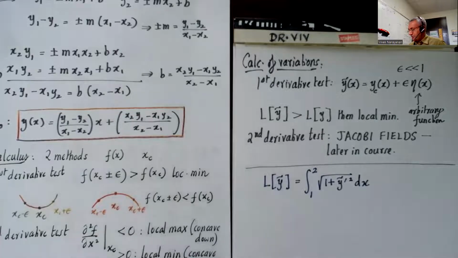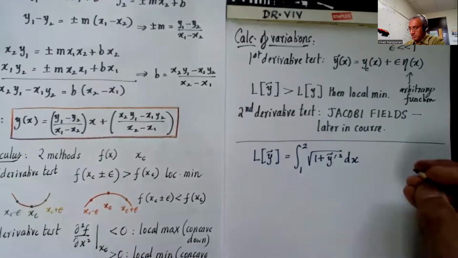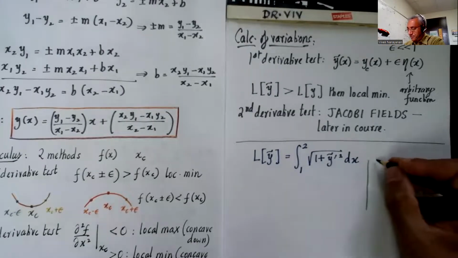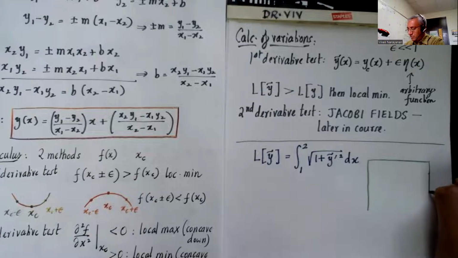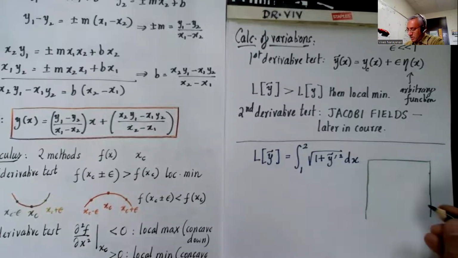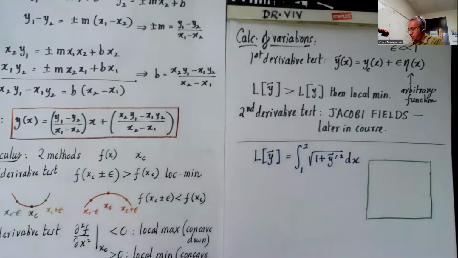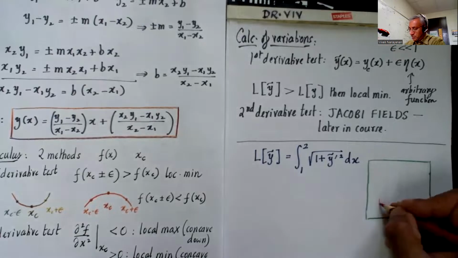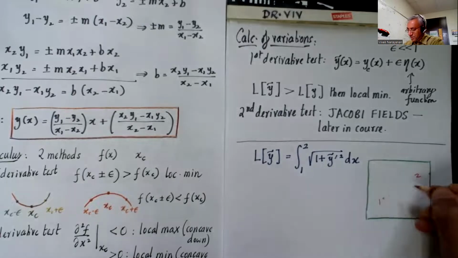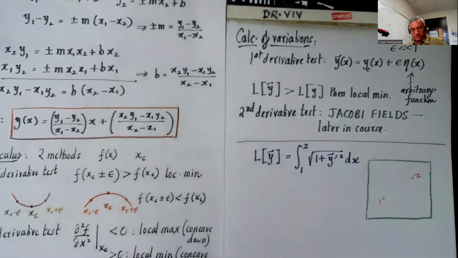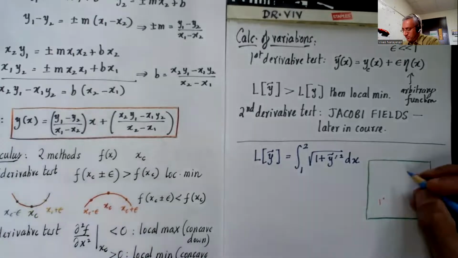So what am I doing? Let's go back to our, I'll redraw this square I drew earlier. So you have points 1 and 2, and we have established for sure that the extremal path is a straight line.